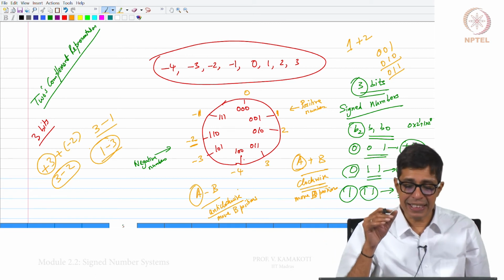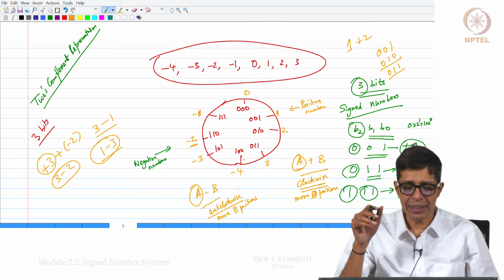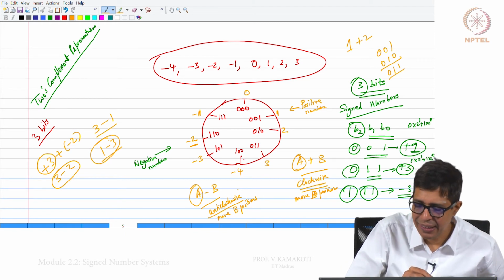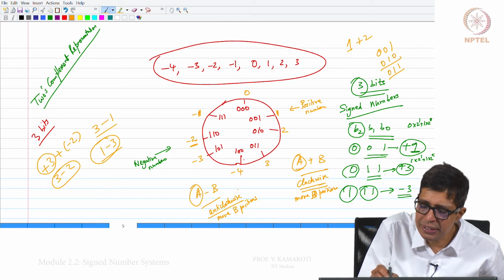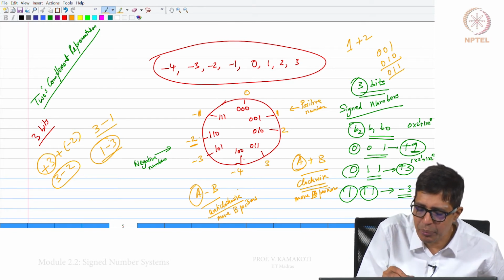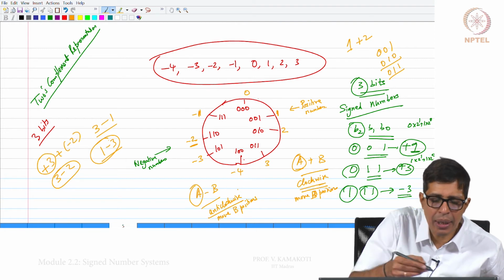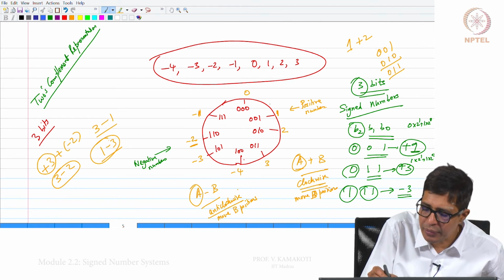Now, what is interesting here is, let us see this. Suppose I have 1 minus 3, right. So, I am at 1 and I am moving 3 steps backward, 1, 2, 3.